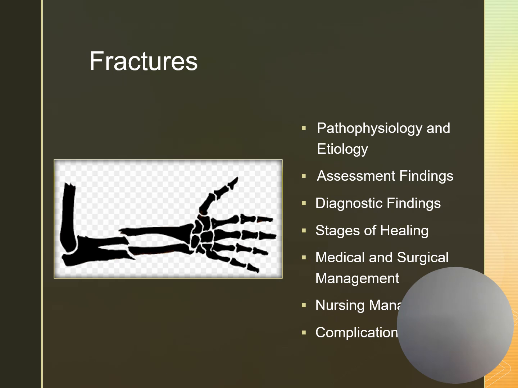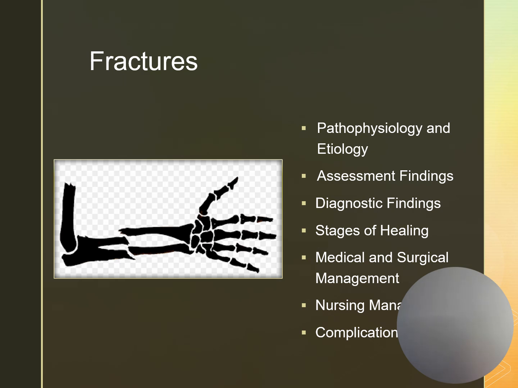We can see depressed fractures where fragments have been driven inward. This would be commonly seen, for example, with a skull fracture, where the bone fragment is driven into the skull. An epiphyseal fracture would be a fracture that occurs through the epiphysis of the bone.